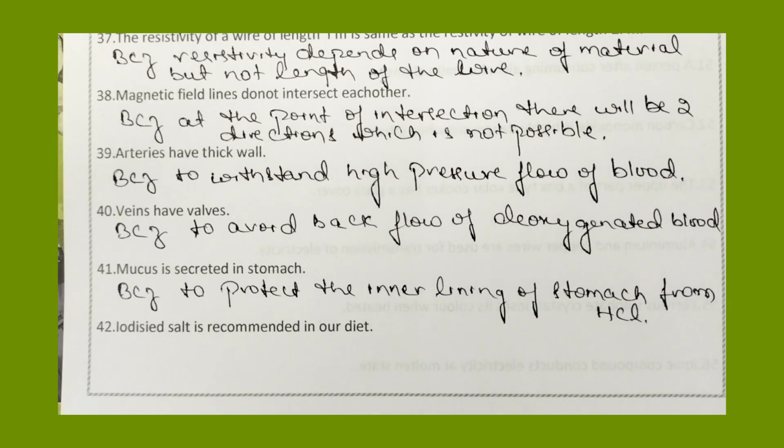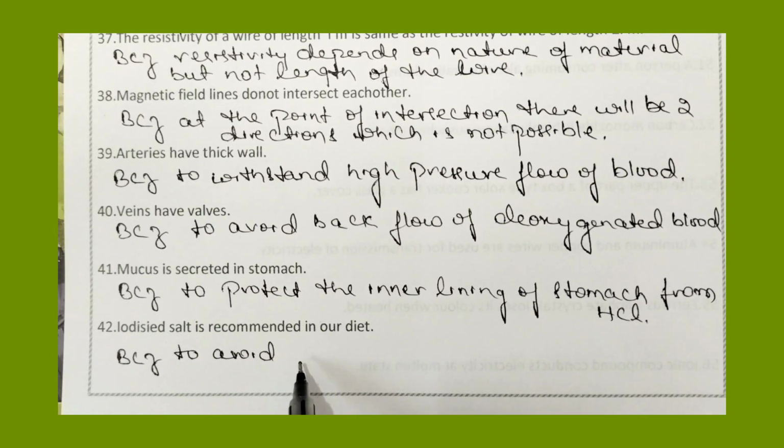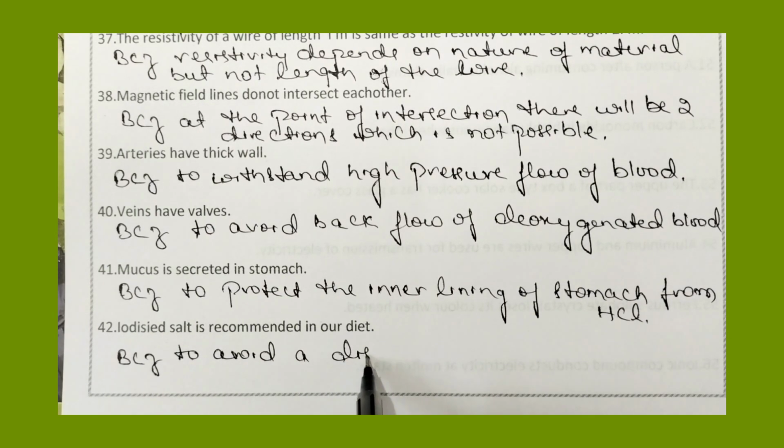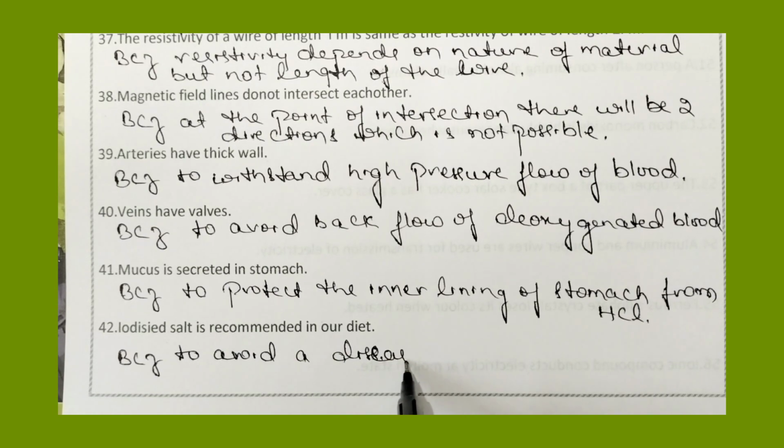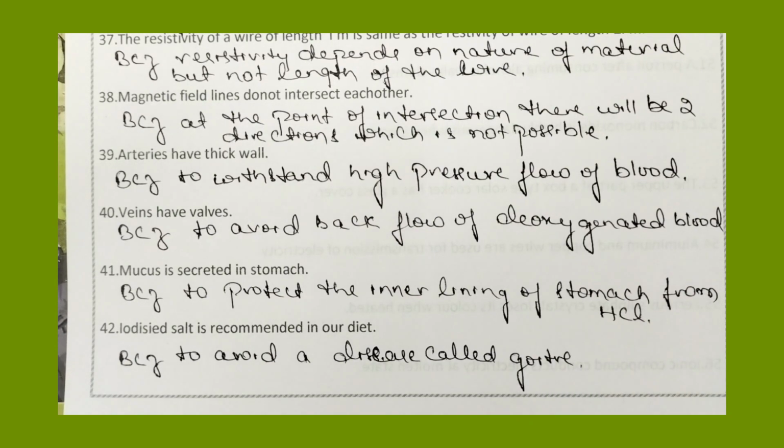Then 42nd, iodized salt is recommended in our diet because to avoid a disease called goiter, because thyroxine will be secreted with the help of iodine.